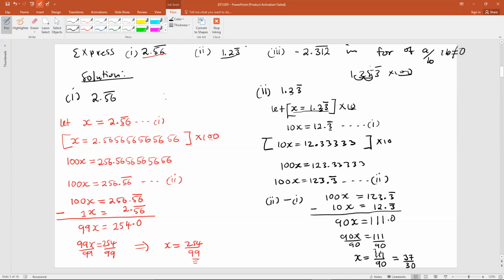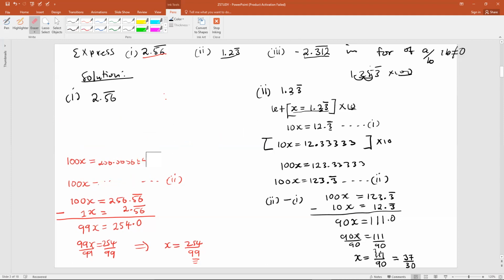Okay, let's move to the third and final example. Hope you're enjoying the lesson. This is very good for your understanding.